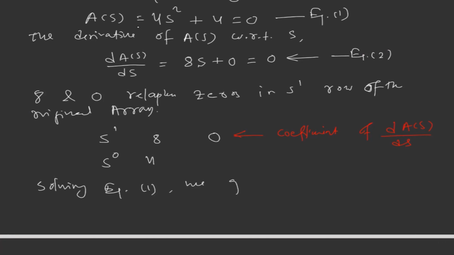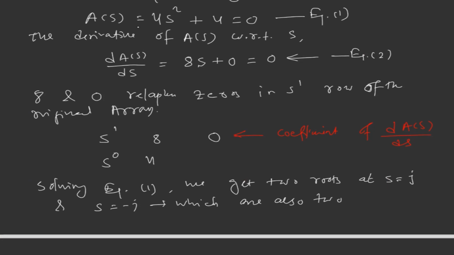we get two roots, which are basically at s equal to j and s equal to minus j, which are also two of the roots of the characteristic equation.